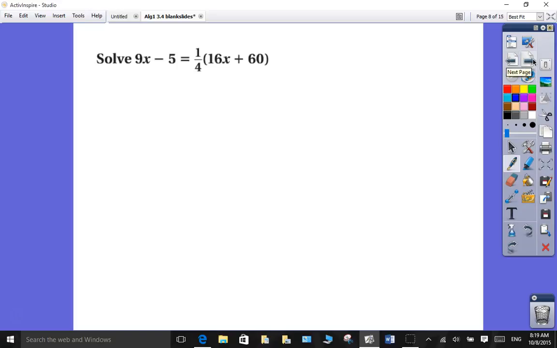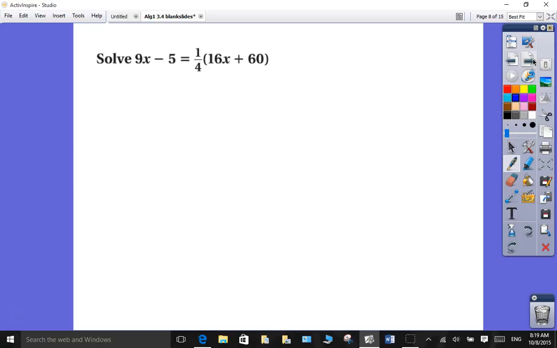All right, so here's one. We add the typical next level of difficulty, which is to say there's a fraction. And what have we been learning we should do when there's a fraction? Multiply. Multiply by the reciprocal. In this case, that would be 4.